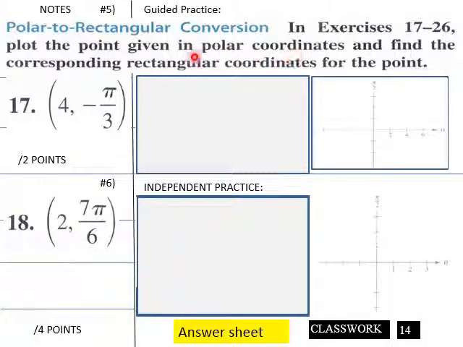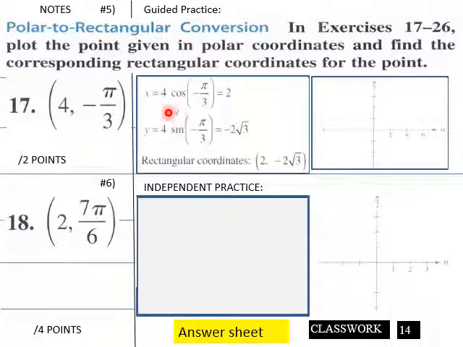Okay, in number 17 here, plot the point given in polar coordinates (4, −π/3), and find the corresponding rectangular coordinates for the point. This one's on you, students. For 17 here, x = 4 cos(−π/3) = 2 when you multiply that out.